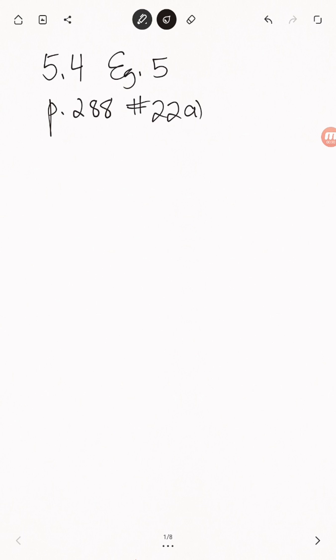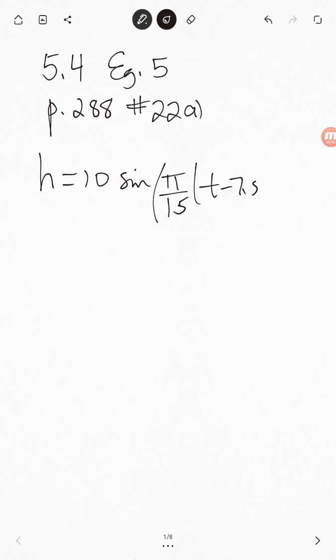The question refers to a rider on a Ferris wheel, and the ride is modeled by this equation, h equals 10 sine of pi over 15 times t minus 7.5, plus 12.